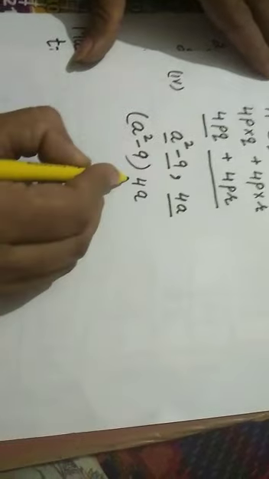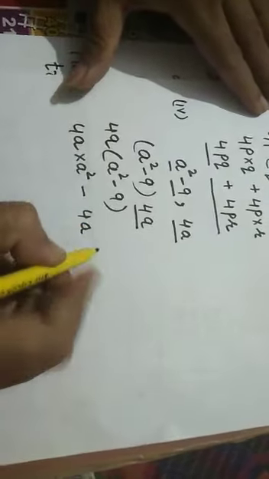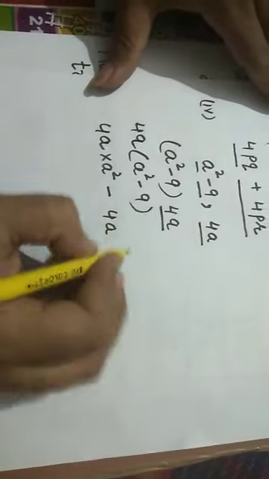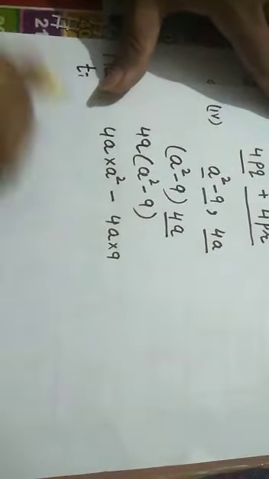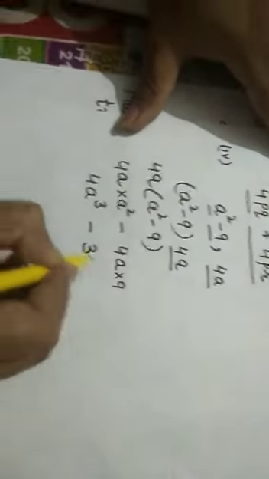So you have the option, you can write this 4a this side also, 4a into a square minus 9. So now 4a will be multiplied by a square, and again 4a will be multiplied by 9. Now it will be 4a cube minus 36a.